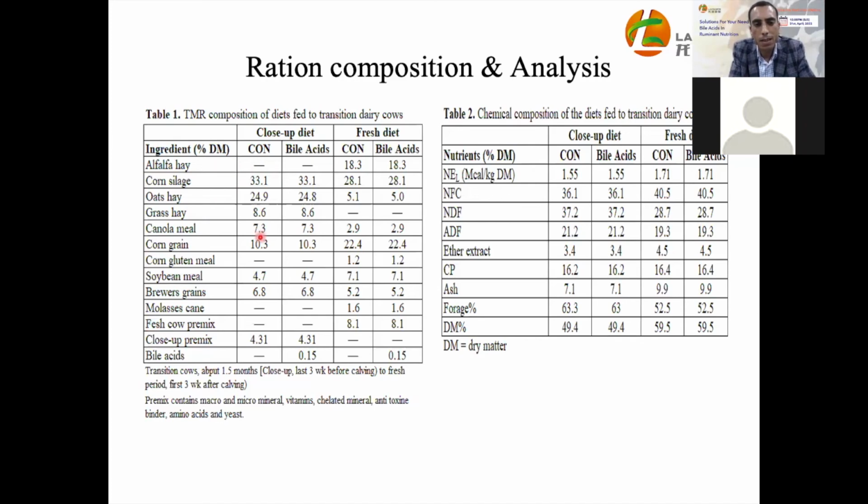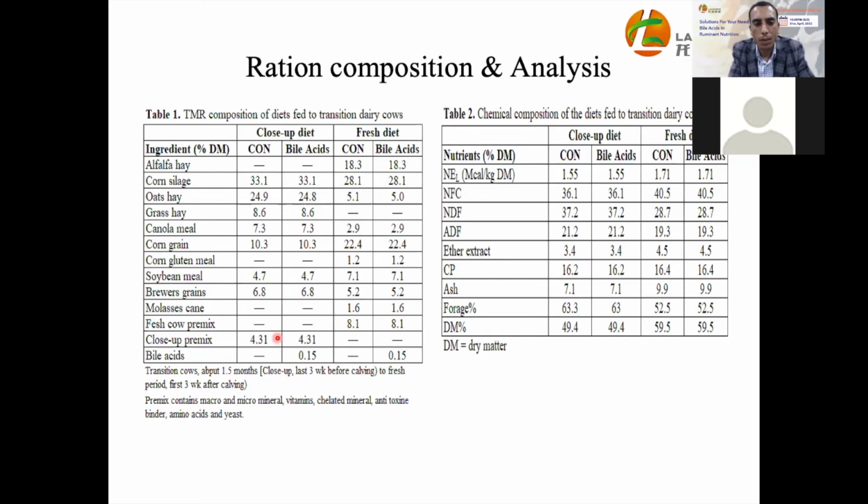This diet is balanced during the close-up to be negative DCAD, and the DCAD we balance to be minus 150 milliequivalents per kilogram of dry matter. This is for the dairy cows, and for the heifers, we don't use a DCAD diet.